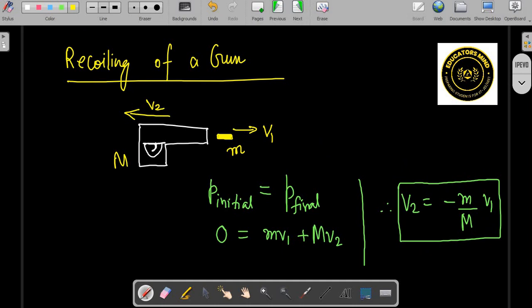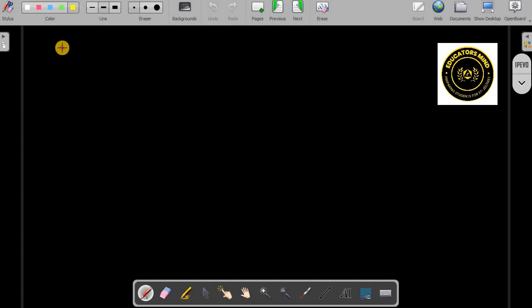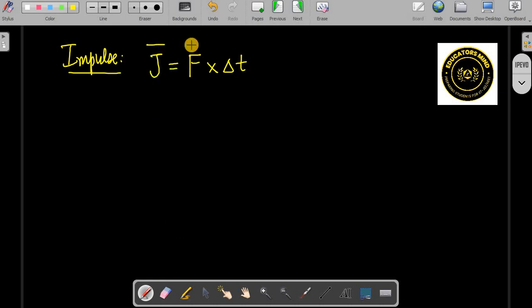Another thing is that there is a better example of the impulse momentum theorem. So we will understand what impulse is and what the impulse momentum theorem is. Impulse is nothing but force into time. Let's say delta t is the time interval. This is called impulse. Better you use the word J. J is a vector symbol for impulse, it's a vector quantity.